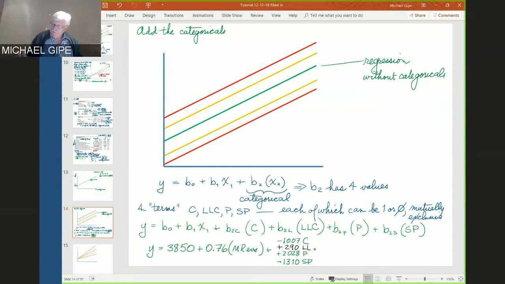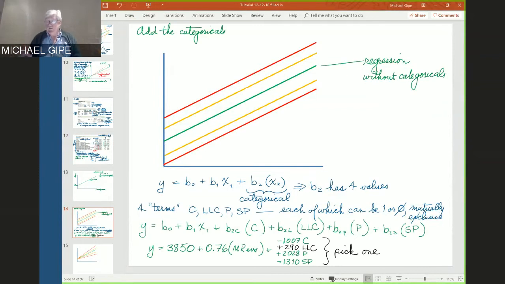So pick one. One of those categories of the categorical variable will have a value of 1, the others will have a value of 0 and will not contribute anything to our y value. That's how it gets put together.